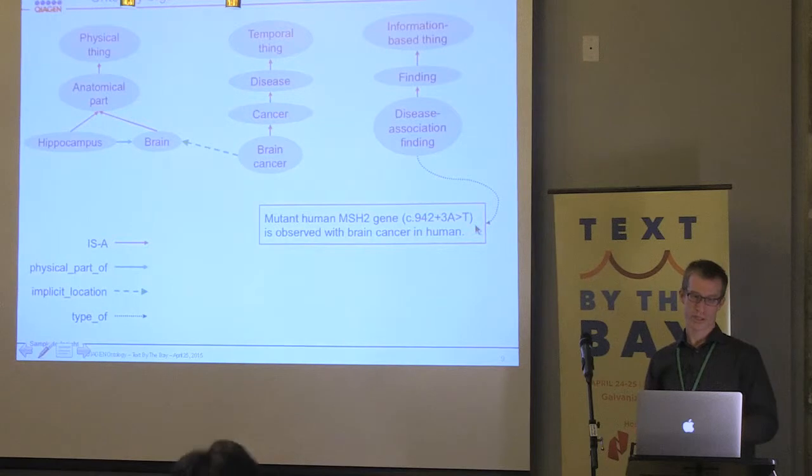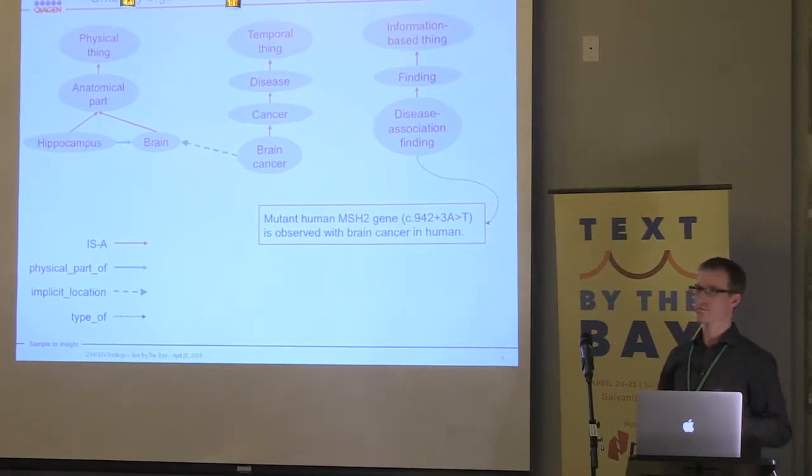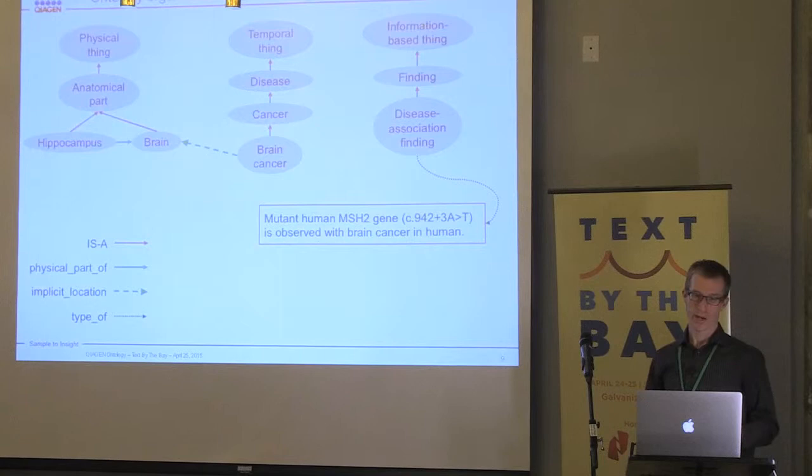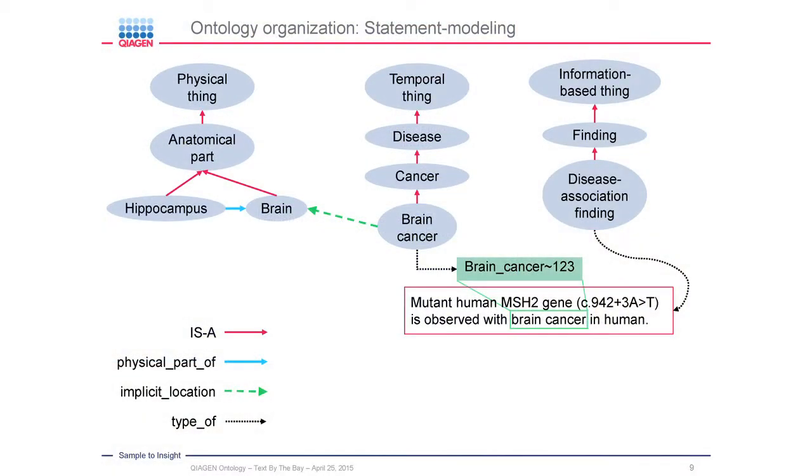Some particular mutated gene has been observed with brain cancer in human. There might be additional metadata telling us more about who said this, how many humans, but this by itself is already a kind of assertion.